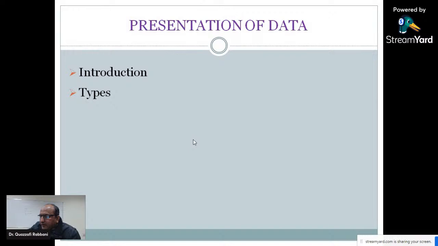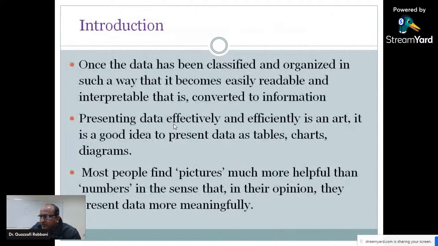The next, after the classification, is how to present the data: presentation of data. Once the data has been classified and organized in such a way that it becomes easily readable and interpretable, it is converted into information. Presenting data effectively and efficiently is an art.